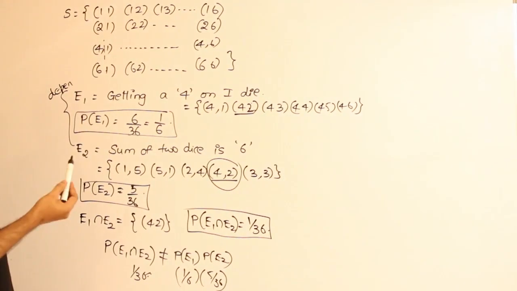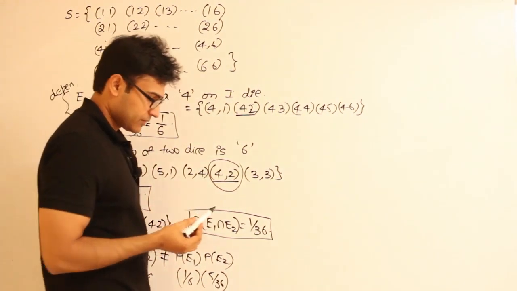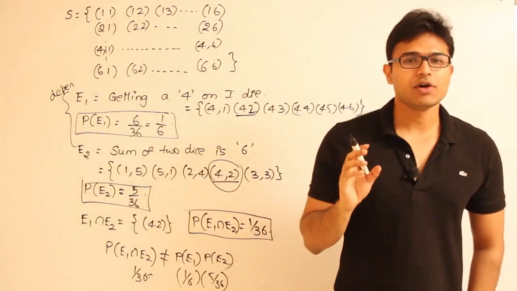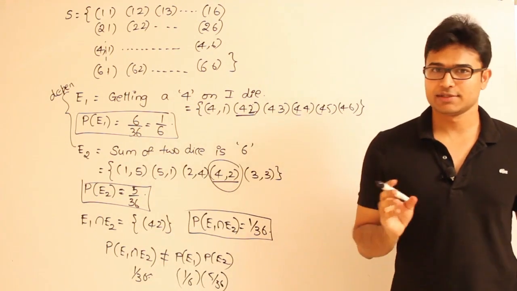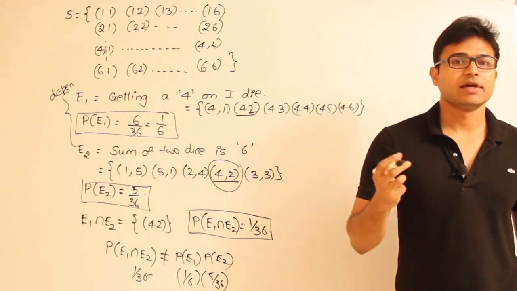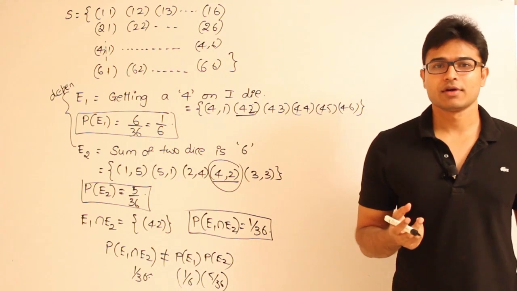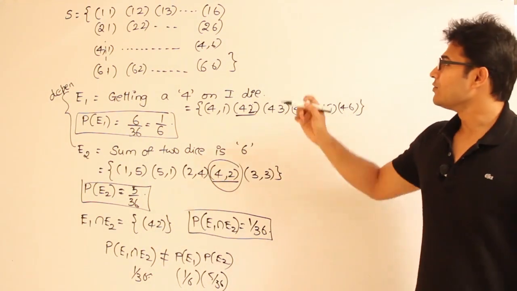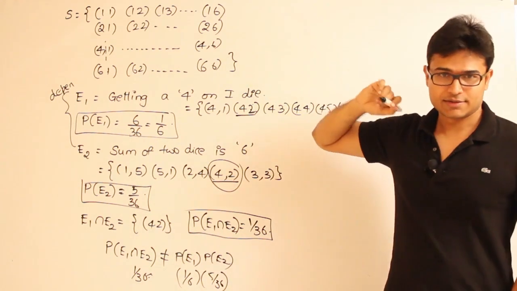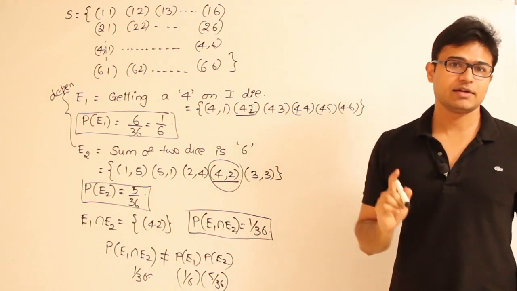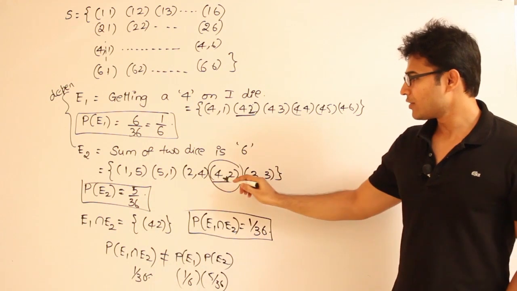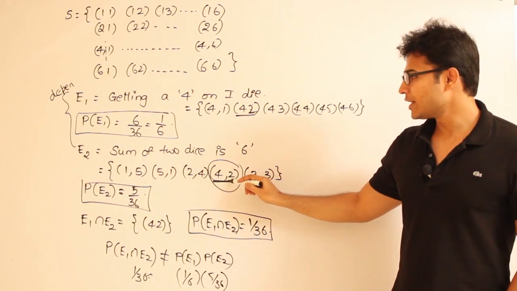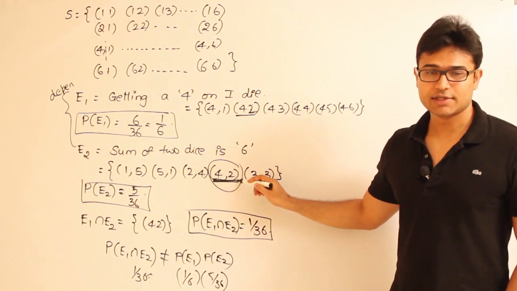Now try to use your intuition and find out why. Now we are interested in getting a sum of 6 and the first die turned out to be 4. They are actually dependent. Why? If the total that you wanted is 6 and the first die turned out to be 4, therefore there is still a chance of getting a sum of 6, isn't it?